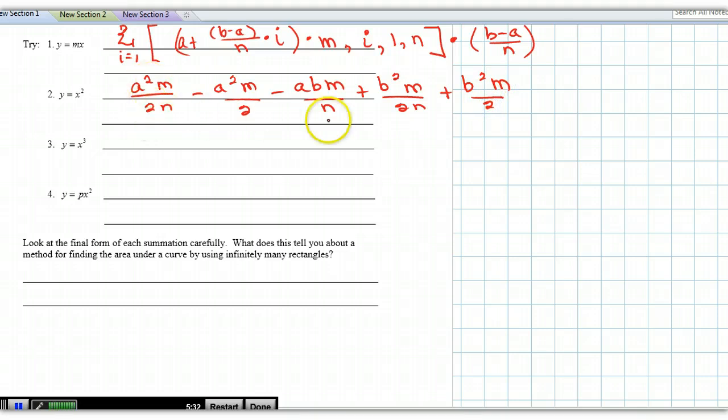If I take the limit of this as n goes to infinity, each term that has an n in the denominator will go to 0, and this will eventually give me b squared m over 2 minus a squared m over 2.